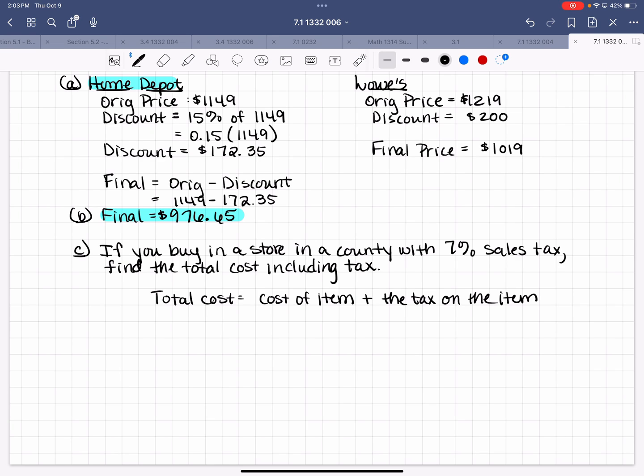Now, we know that's not just 7%. So the cost of the item is $976.65. Plus, now we have to calculate how much tax we pay on that $976.65.